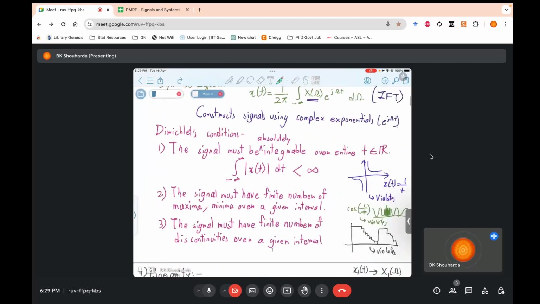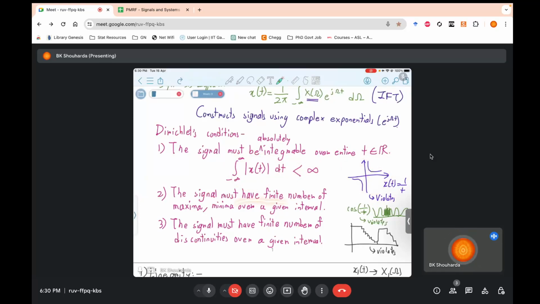But it's important to understand that not every signal has a valid Fourier transform. So what are the conditions that a signal must satisfy in order to have a valid Fourier transform? First of all, the signal must be absolutely integrable over time. This one is violating this, so it does not have any Fourier transform.